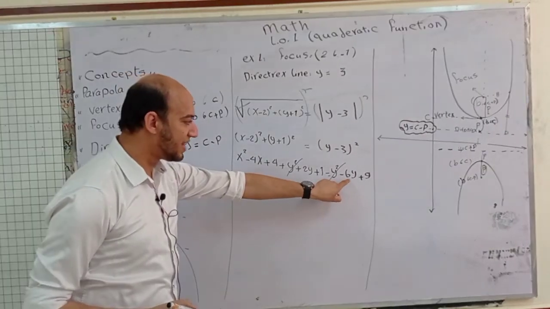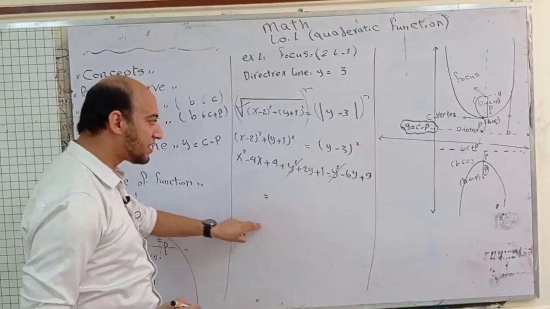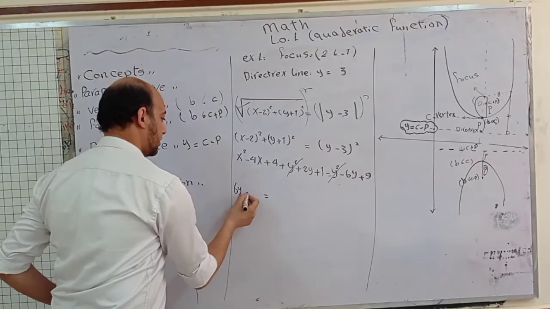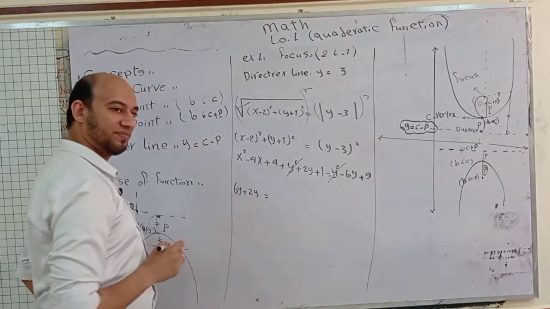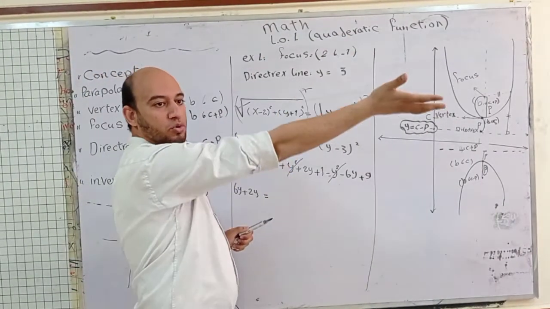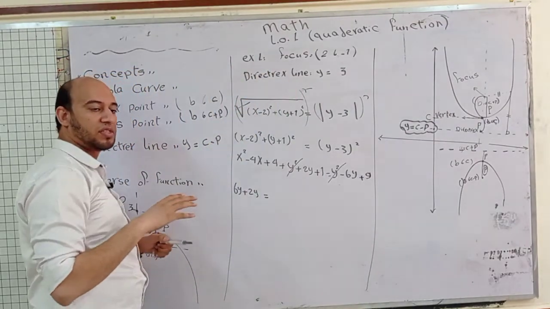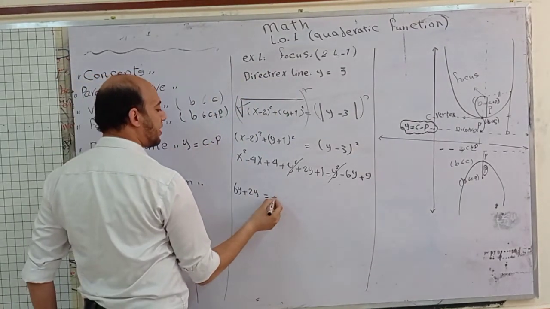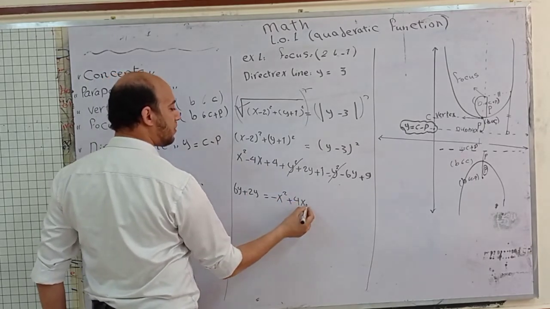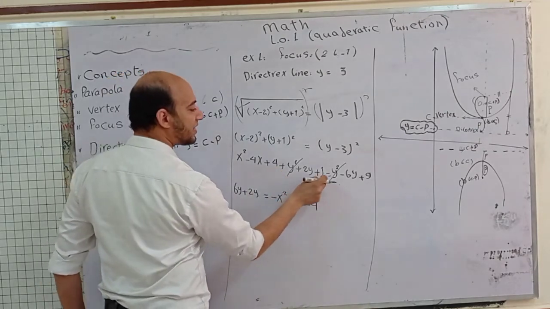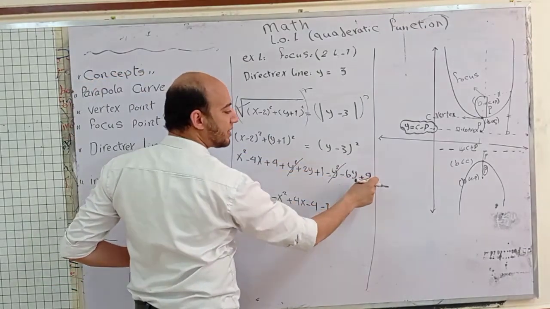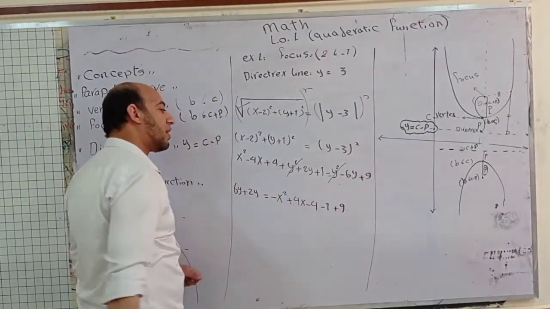We move minus 6y to the other side, so it will be 6y plus 2y, and we send all the other terms to the other side with opposite signs: minus x squared, plus 4x, minus 4, and minus 1, and the 9 doesn't change.